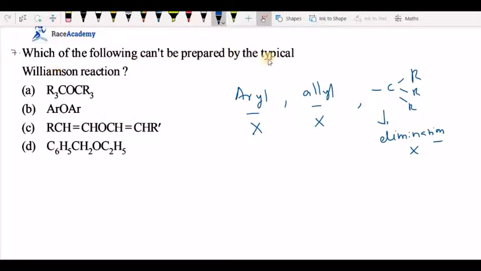So which of the following cannot be prepared by typical Williamson synthesis? First one A, B, C also. In C we have a vinyl group given to us.